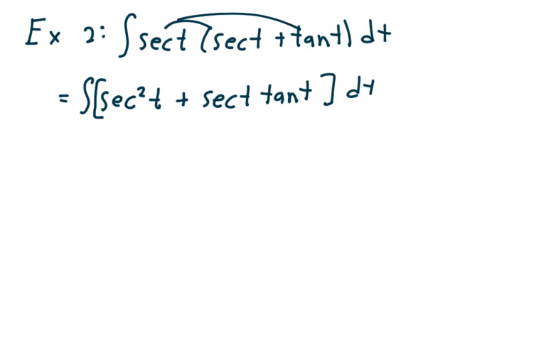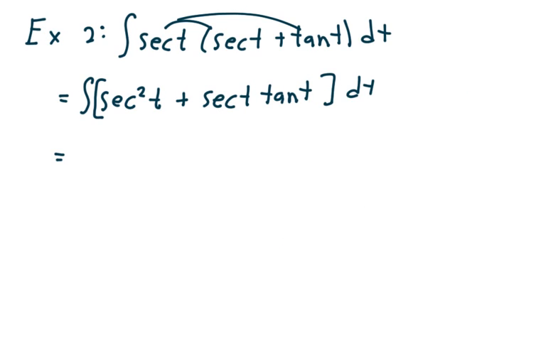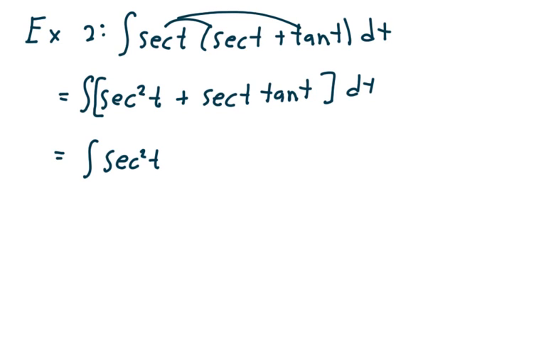Now, I'm going to do this on the next line as an option. I didn't do it over here in the first example when I got up to here. But if it helps, break apart the integrals. So I definitely want to show you both ways, and your instructor might prefer that. And so we have the integral of secant squared t dt plus the integral of secant t tangent t dt, right?